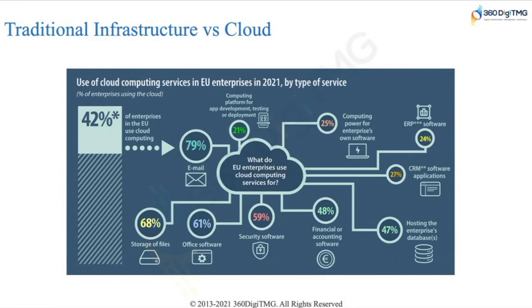There are lots more, CRM, hosting enterprise databases. If you see, all these things are happening on the cloud. That means organizations are no longer preferring to keep their software or application and maintain it on premises on their own servers.